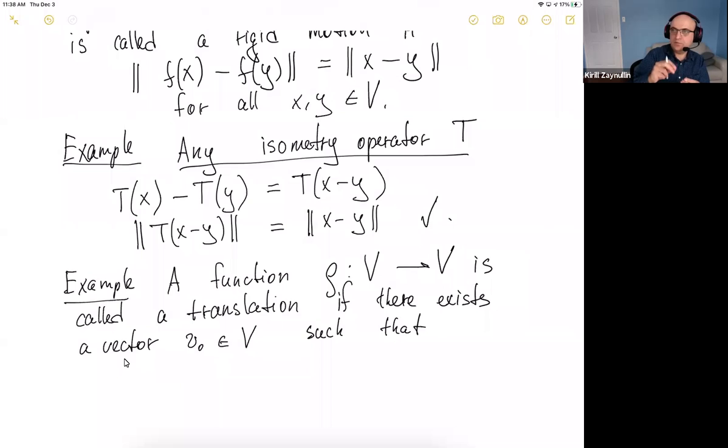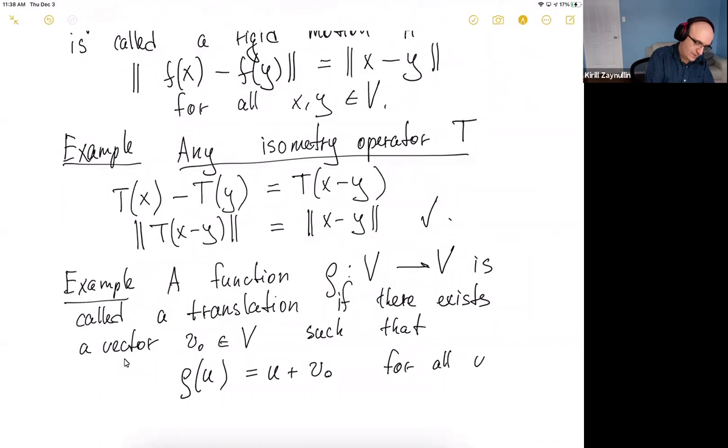So you just move everything by that vector, right? So rho of U is, well, U plus V0. Yeah, so you just add it to each vector, right? So you just translate in that direction for all U from V.